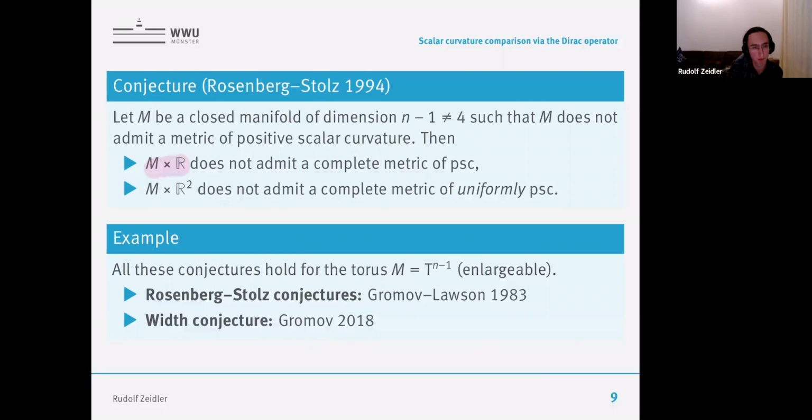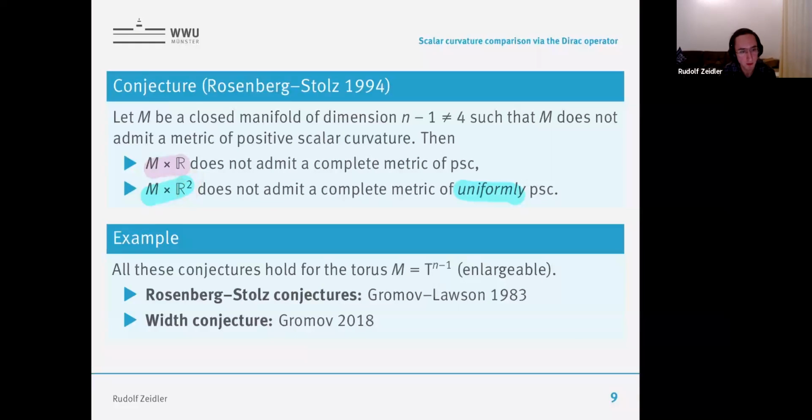So this is also suggested by these experiments before. With just a warp product, you cannot do it. And now the conjecture is you cannot do it at all. And also, as a companion, on M cross R2 you cannot find a complete metric of uniformly positive scalar curvature.